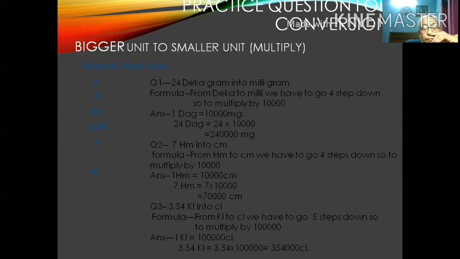We are going down 5 steps for conversion. 5 steps means 1 and 5 zeros, that is 100,000. 1 kiloliter is equal to 100,000 centiliter. So 3.54 kiloliter is equal to 3.54 into 100,000, which is 354,000 centiliter.